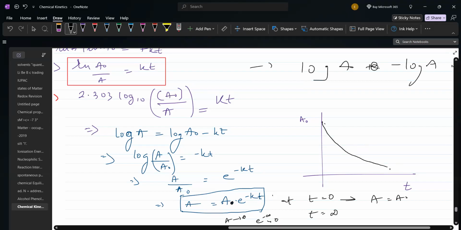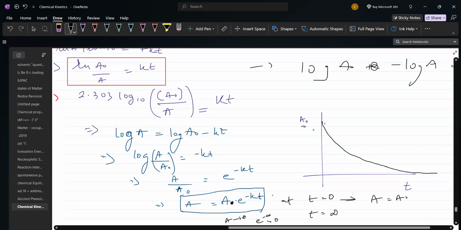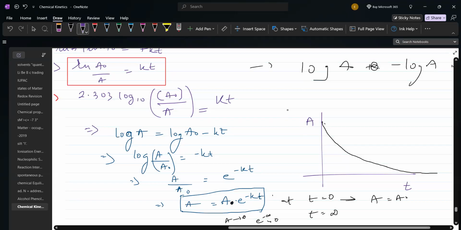This is the exponential graph, concentration of A versus time. At infinity the graph touches the axis and the concentration becomes 0. Initially, at time 0, the concentration of A was A naught.